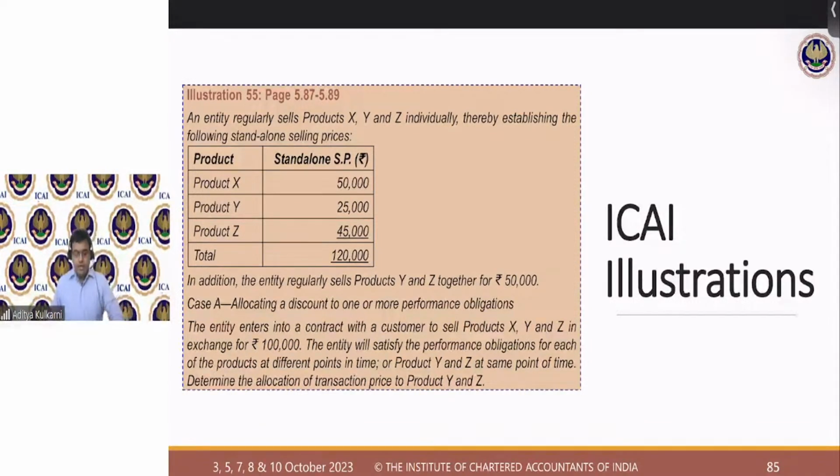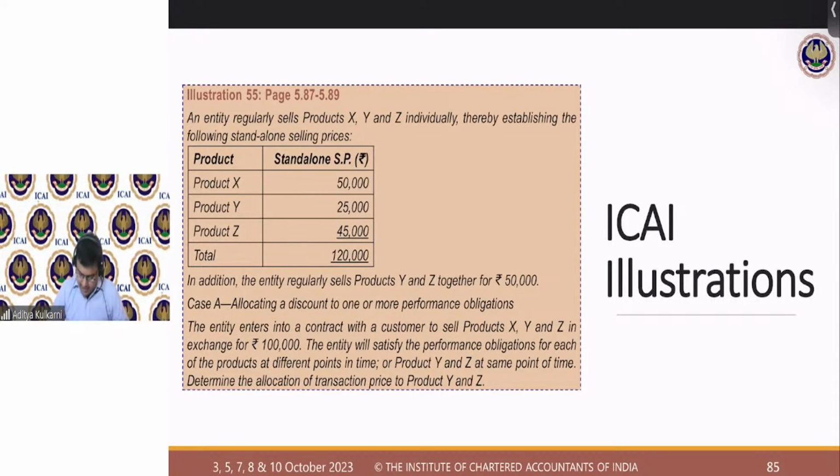An entity regularly sells products X, Y, and Z individually, establishing the following standalone selling prices. X, Y, Z standalone prices are given, total is 1,20,000. Additionally, the entity regularly sells Y and Z together for 50,000. Case A, allocating a discount to one or more performance obligations.